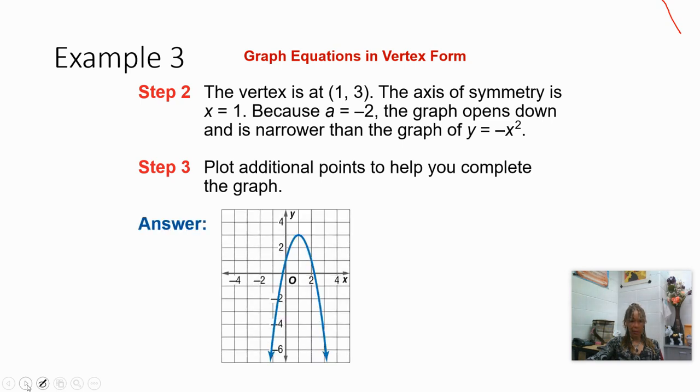And then you plot points. You should be able to see that the vertex is at 1, 3. It's narrower than your x squared. There's an axis of symmetry here, so if I have this point here, then on exactly the other side of my axis of symmetry, I've got this point here. And then you plot points. And that should be it.